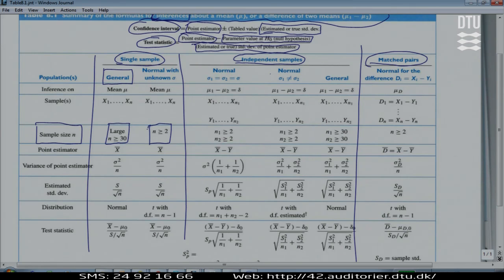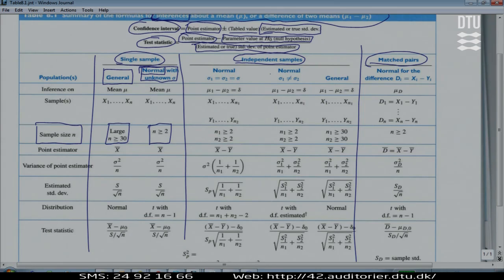So from 2 and up, when we are in the other situation with a small sample here, we actually assume, it's said here, the normal. So we actually have to make a formal assumption about the population or the situation at hand that it actually can be described by a normal distribution. So that is a non-trivial assumption that we do.